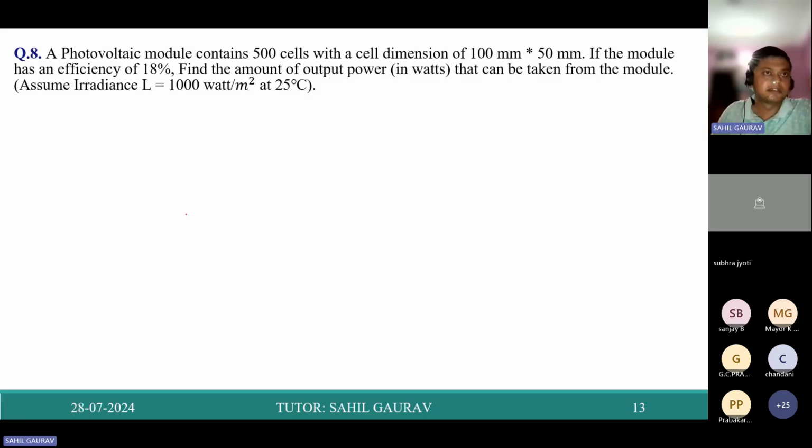This is a simple problem. We know the efficiency of a photovoltaic module is the output power of the PV module upon the input power to the PV module. So the output power we have to calculate.